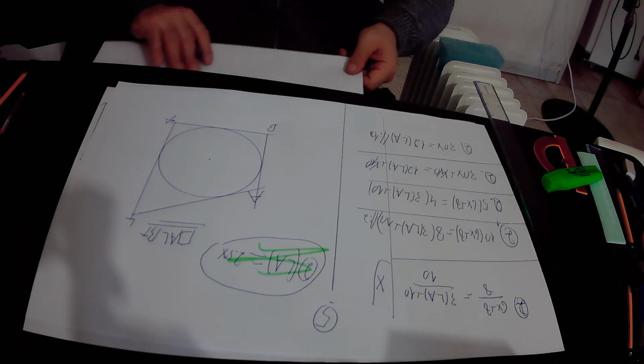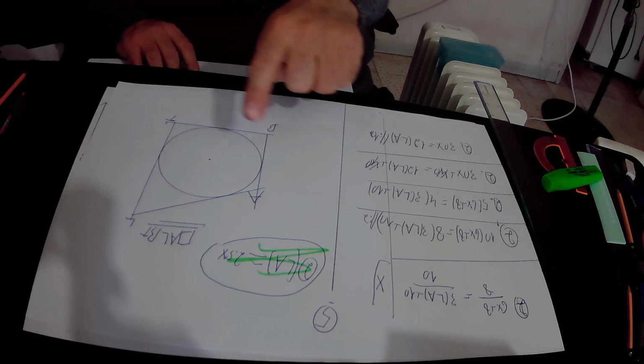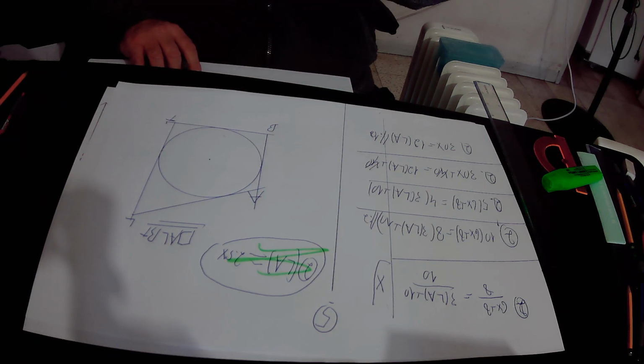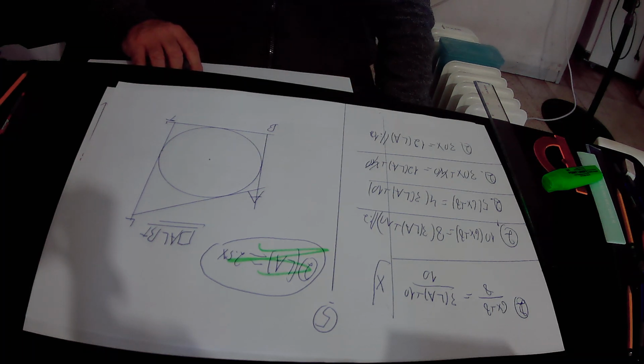So actually, this is quadrilateral ALBT with the circle that is inscribed inside it, that I copied from the original drawing.